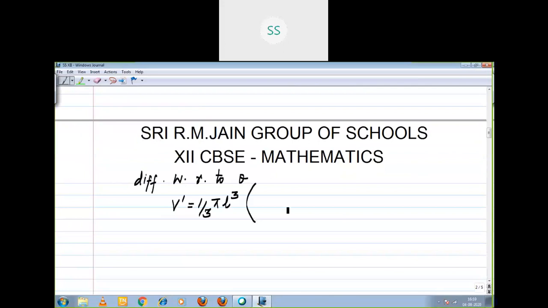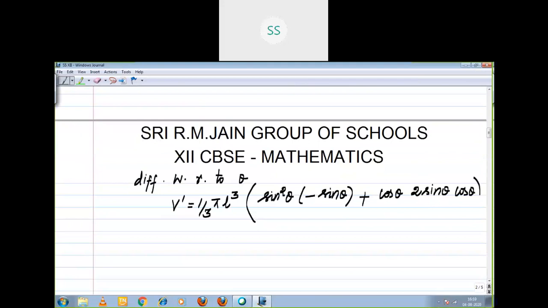When you differentiate, your u is sin square theta, your v is cos theta. So, sin square theta, and when you differentiate cos theta, you get minus sin theta, plus next cos theta, and when you differentiate sin square, 2 sin theta. Again you differentiate sin theta, what will you get?